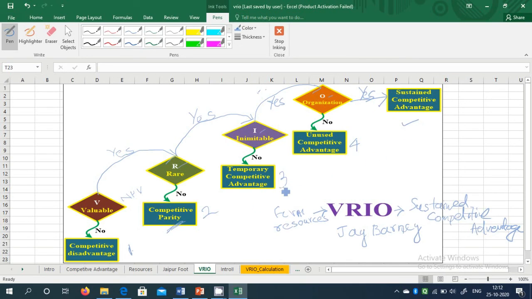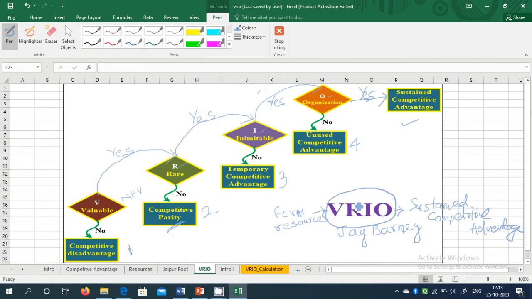So this is all about the sustained competitive advantage. So far you have PEST analysis and Porter's Five Forces framework. SWOT analysis is a combination of both internal and external environment, but exclusively for the internal environment we have a tool called VRIO: is your resource valuable, rare, inimitable, and is the organization capitalizing on it.